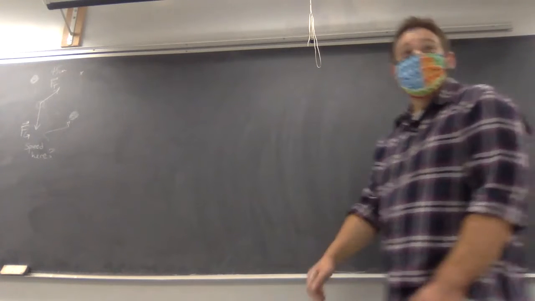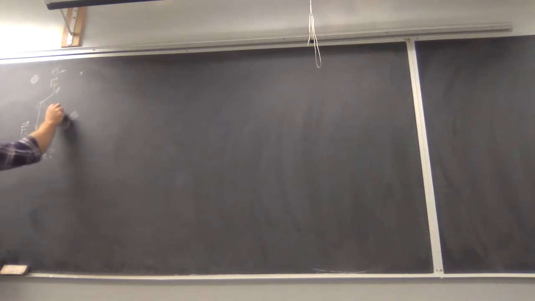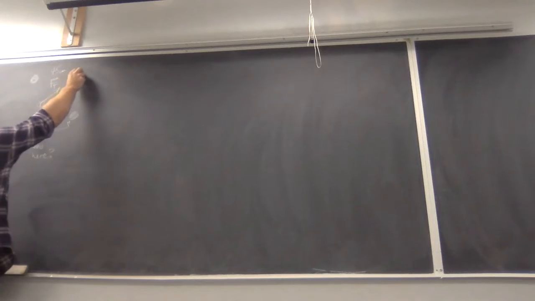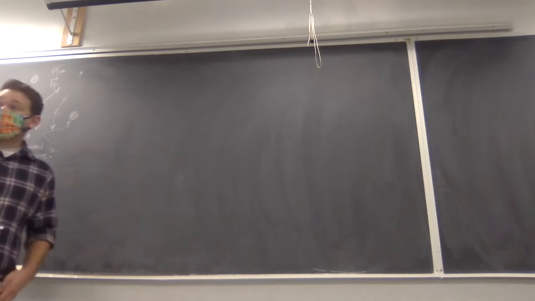And I'm starting to panic. Because if I had drawn a different free body diagram, those angles would have been different. And the worst part of it is the acceleration changes direction constantly.